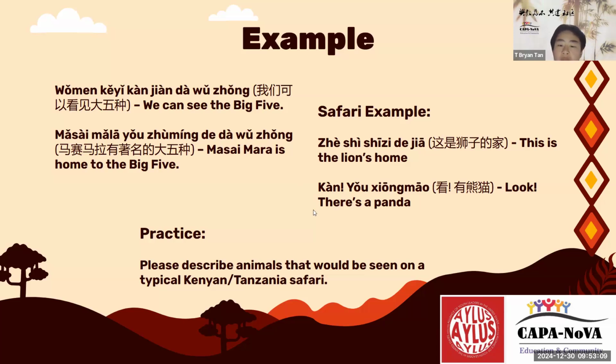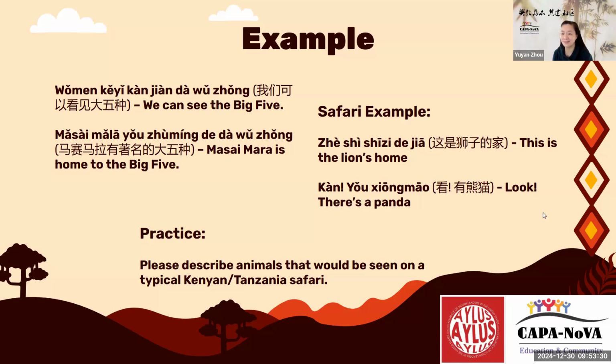看有熊猫。There's no panda. But it's okay. 看有熊猫。Just means look, there's a panda. If you say 看 there is flamingo.